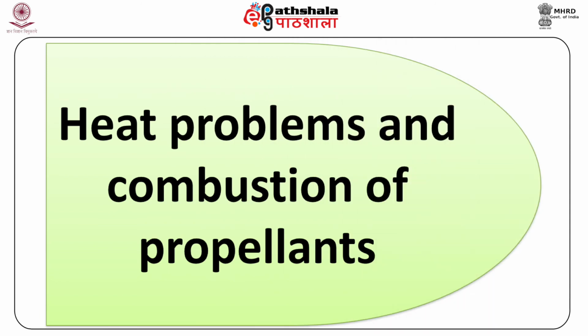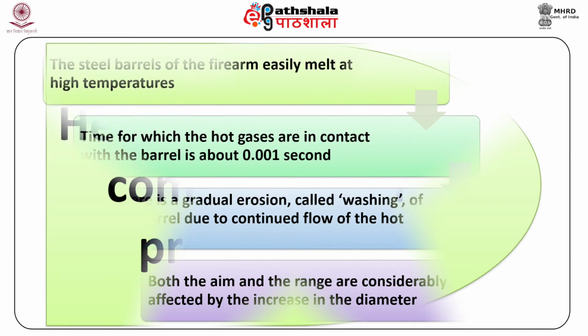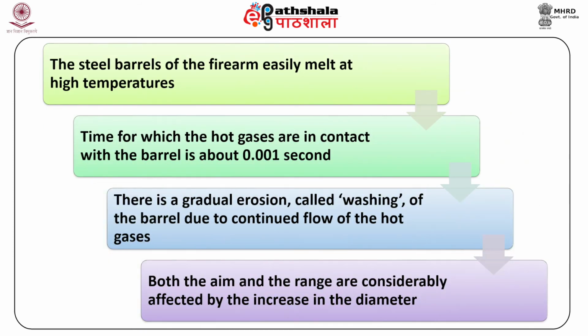Next is heat problems and combustion of propellant. During the combustion of propellants, the temperature often reaches 3000 degrees Celsius. The steel barrels of the firearm easily melt at these temperatures, if gases at this temperature remain in the barrel for any appreciable time.